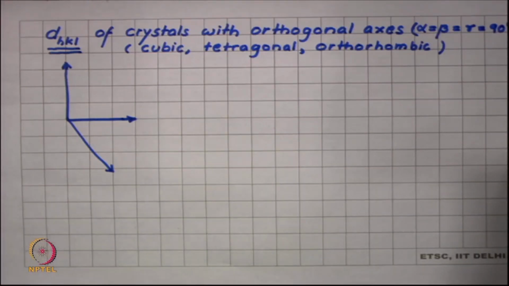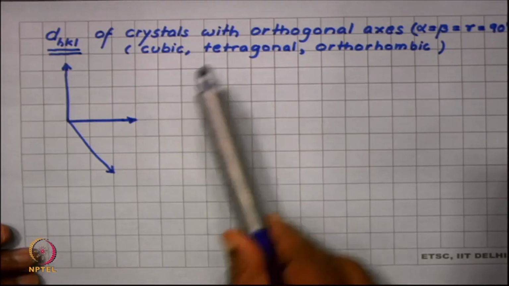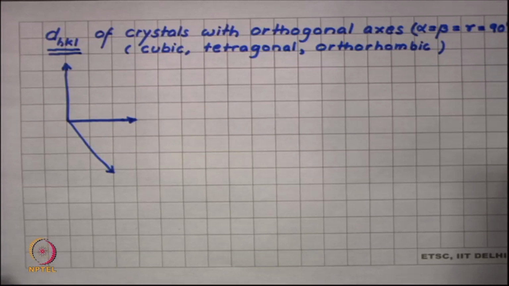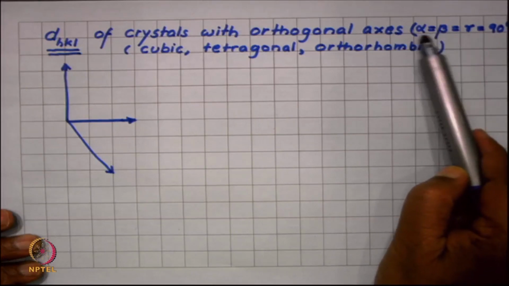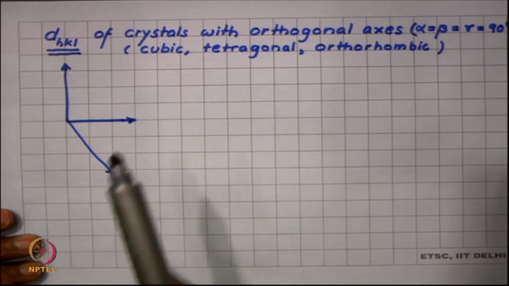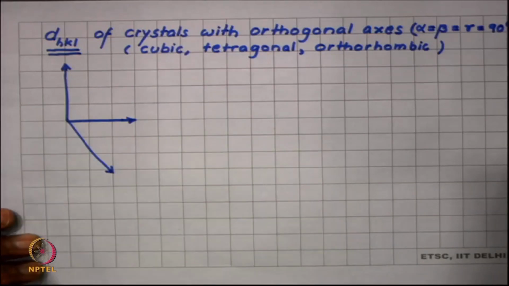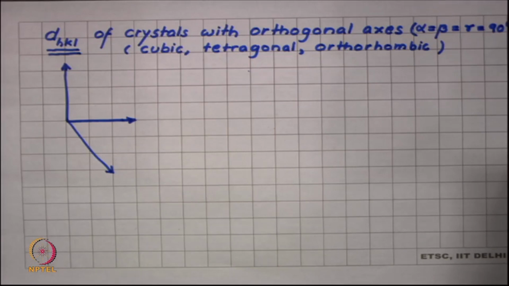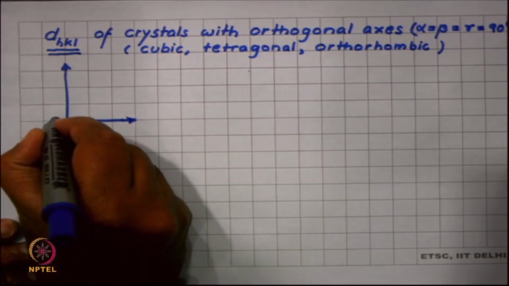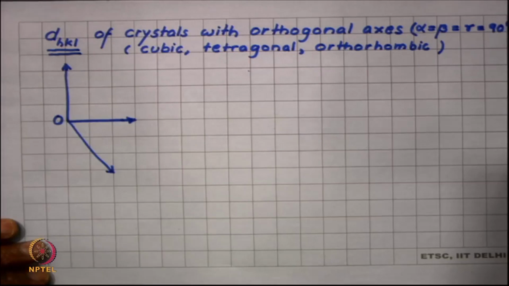So, we will derive this for the simple case where the axes are orthogonal, that is a crystal system in which all the three interaxial angles are 90 degrees. You know that of the 7 systems, there are 3 such: the cubic, tetragonal and orthorhombic. For these systems the derivation becomes simple. So, we will do that.